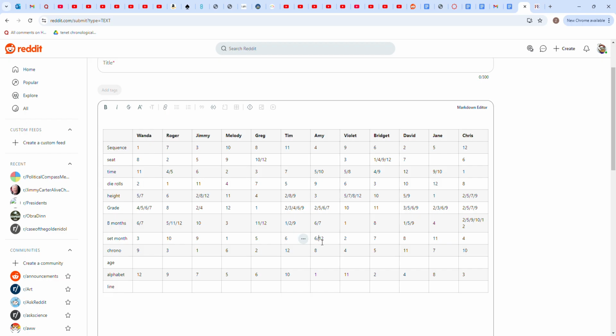and we can backfill, or reverse, I guess, and eliminate the 6 from Amy's possible set month. So now we know that she was the 12th month.